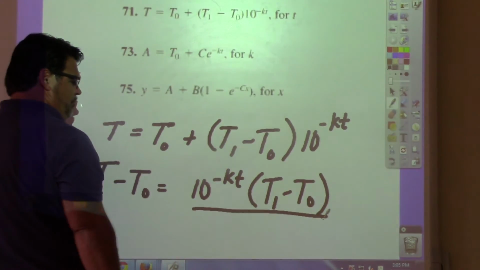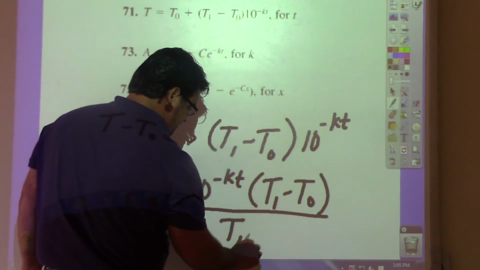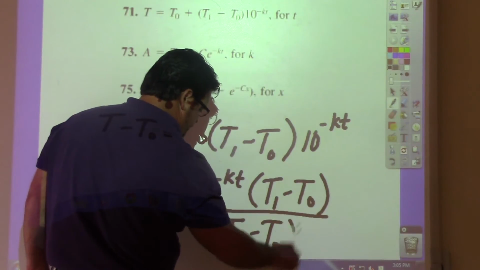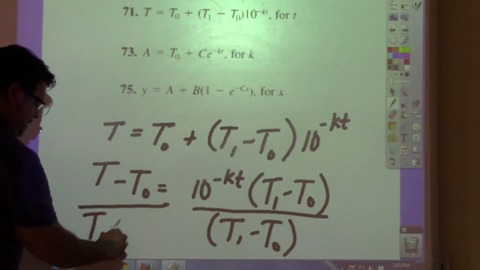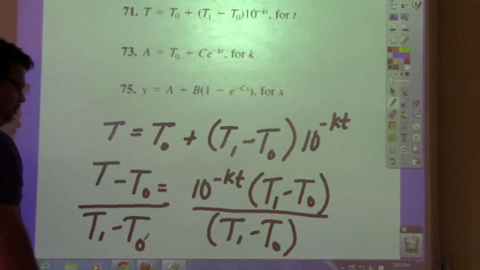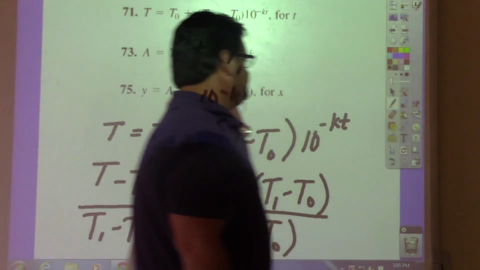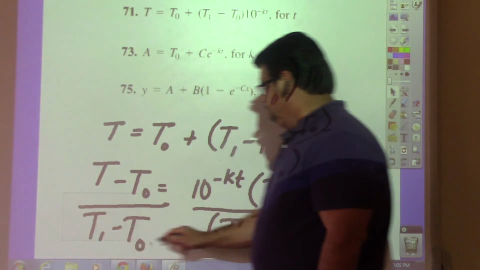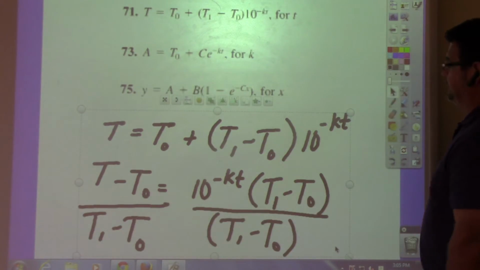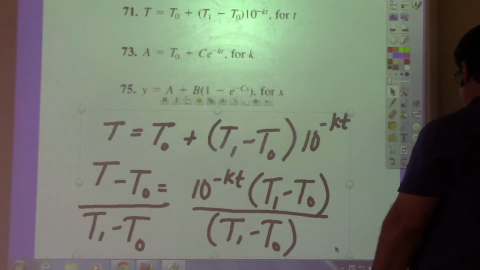Divide by T sub I minus T sub O. Divided by T sub I minus T sub O. Better than that.